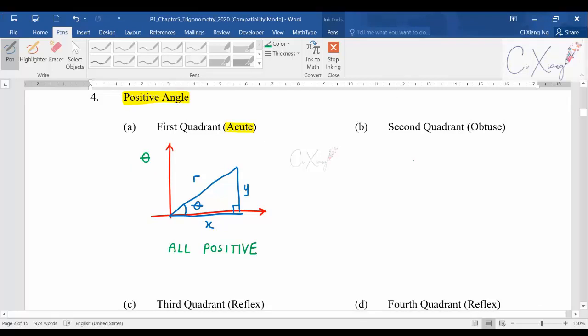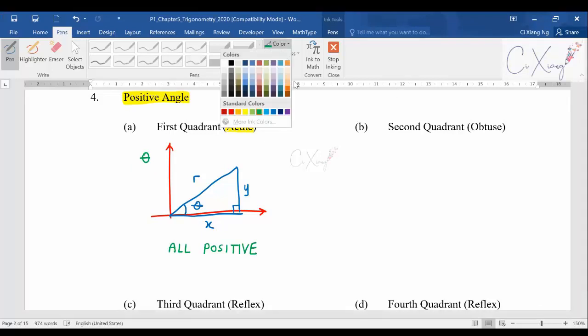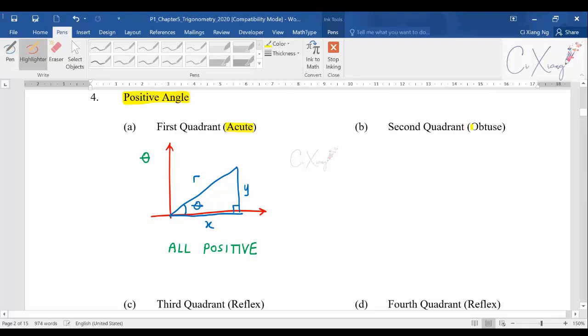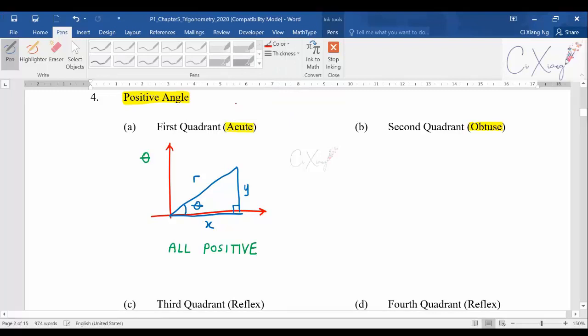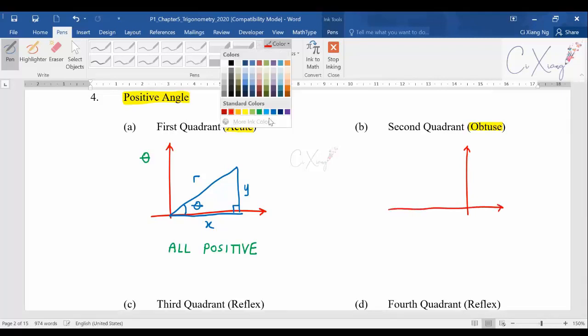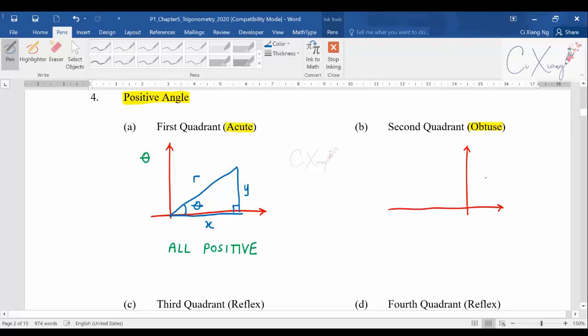After that we go for the second quadrant. For the second quadrant, we name it the obtuse angle. All the angles in the second quadrant we call obtuse angles. When you want to draw the triangle in the second quadrant and refer to the value, generally the angle should look something like this. So this is the second quadrant.